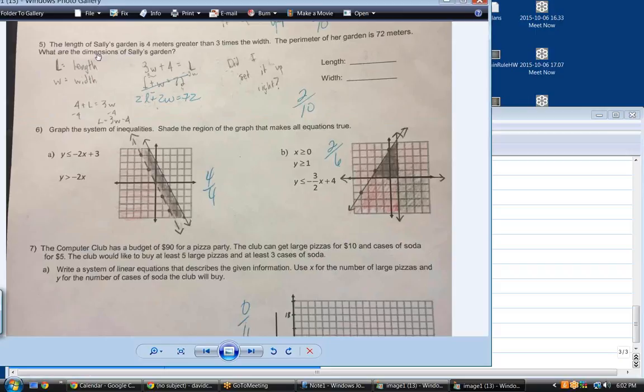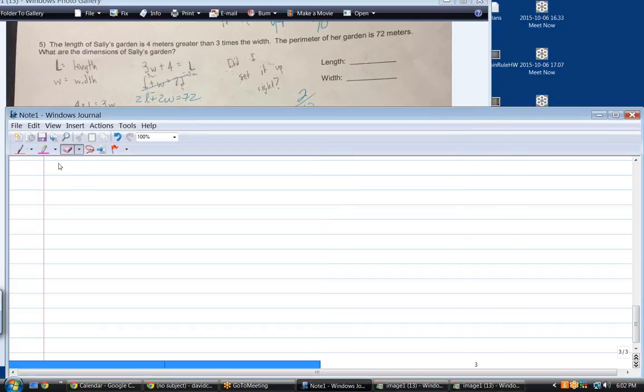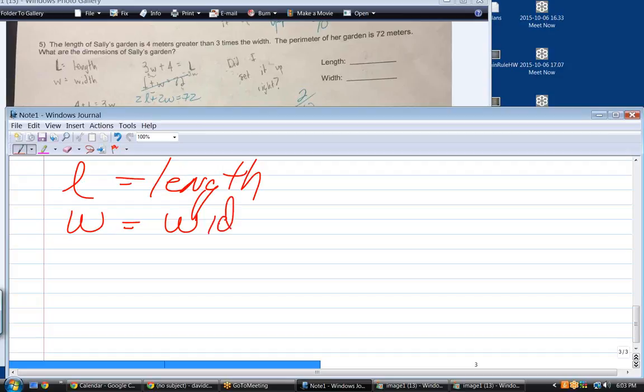To define the variables, all we have to do is look at the last sentence. The dimensions have to be length and width, since it's a rectangle. So L equals the length and W is the width.